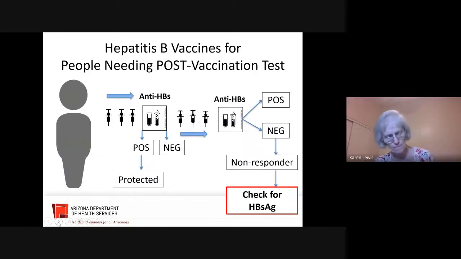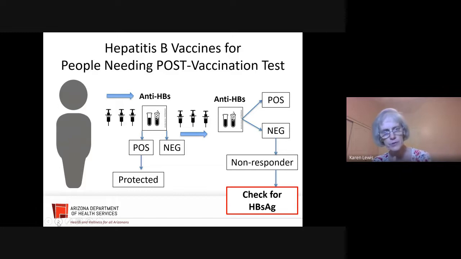Okay, so we've gone through the prenatal hepatitis B serology. What about the people I have listed who need post-vaccination serology? Go ahead and give the 3 doses. Now there's a new hepatitis B vaccine that only needs 2 doses, but I'm just showing the 3 as an example.